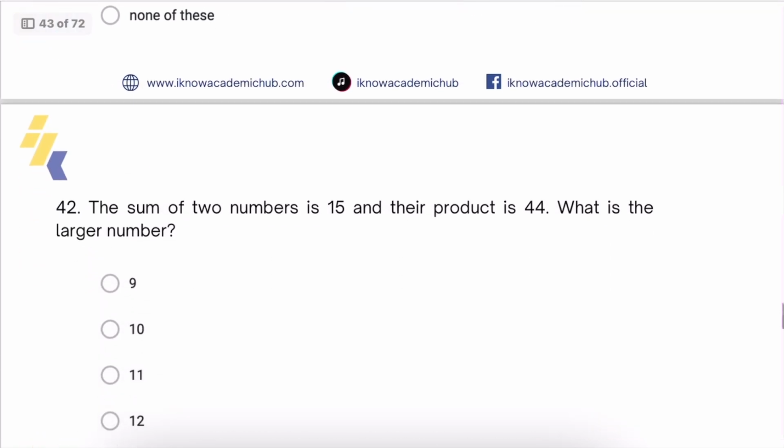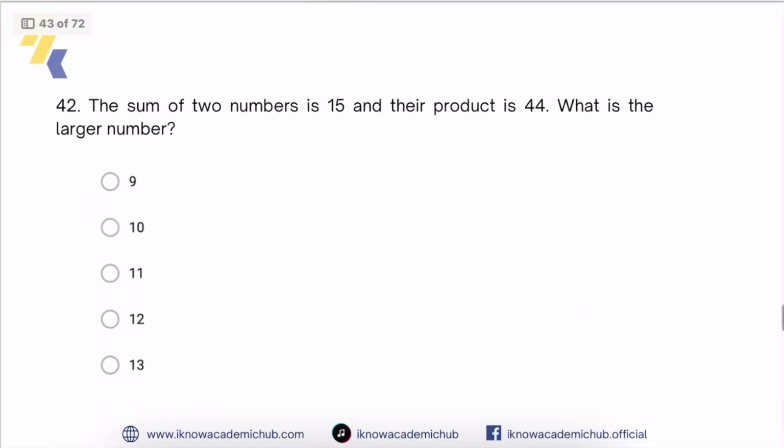Next, we have number 42. The sum of 2 numbers is 15 and their product is 44. Now, we can easily think of the 2 numbers that are factors of 44.